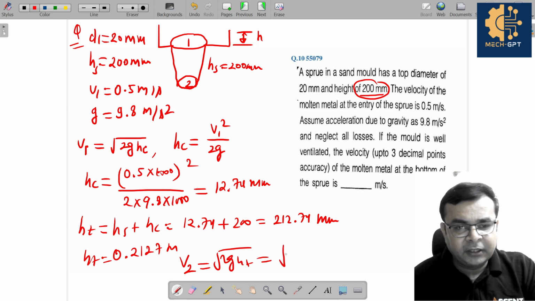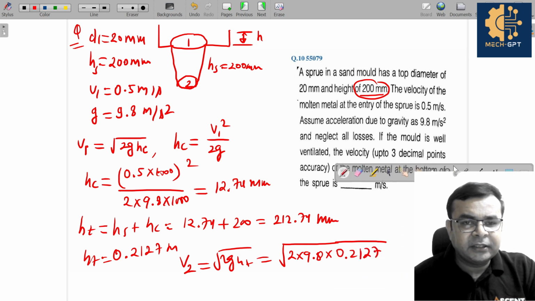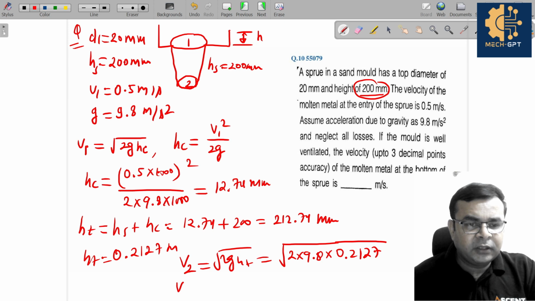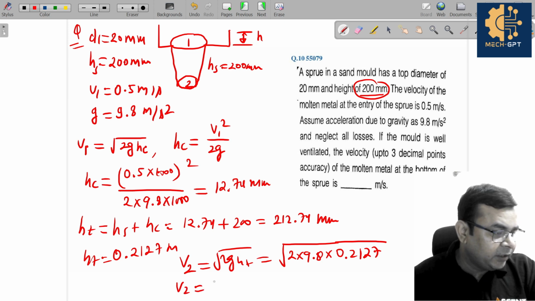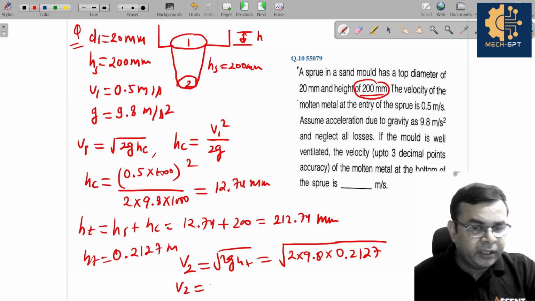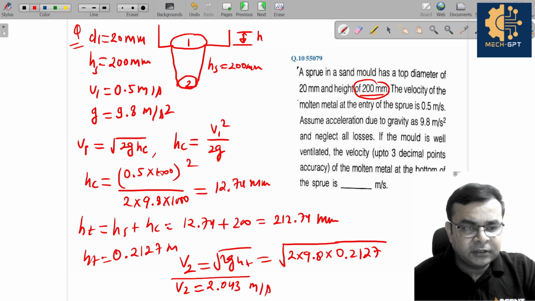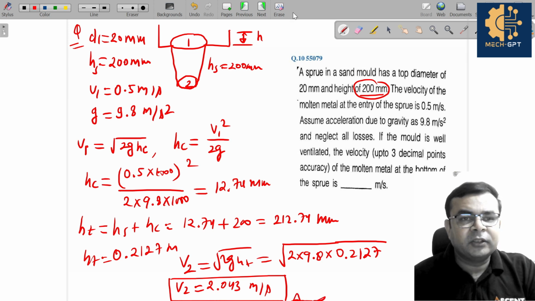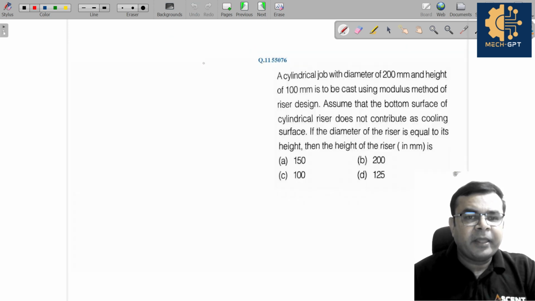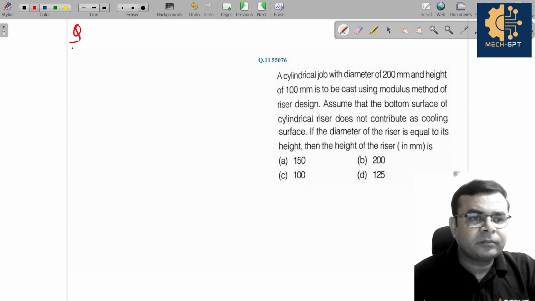Directly you can apply: 2g, that is 9.8, into 0.2127. Correct? Once you simplify this, we get 2.043 meter per second. This is the velocity at the bottom of the sprue. So like this you can solve this question. Correct? Okay, so let's see another question.